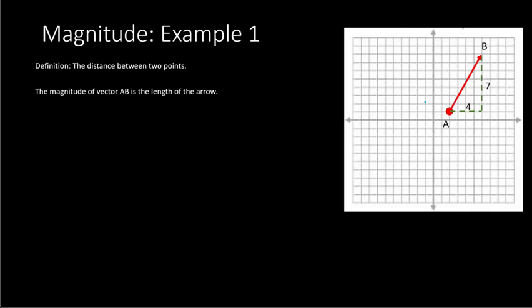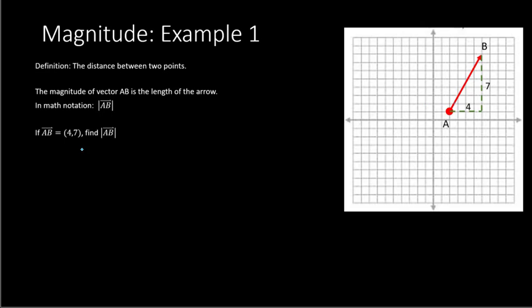So the magnitude of vector AB is figuring out how long this arrow is from point A to point B. In math notation, instead of writing out the phrase magnitude of vector AB, we could just put absolute value symbols around vector AB. Notice we have this notation with the vertical lines. That means absolute value of vector AB, or the magnitude of that vector. So that is the length from A to B.